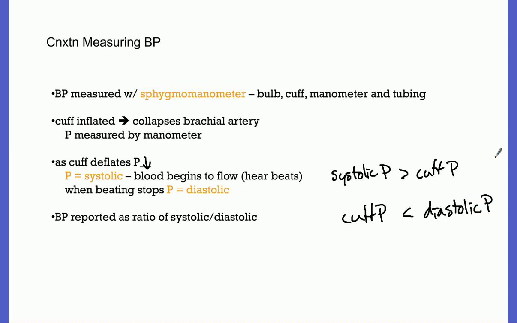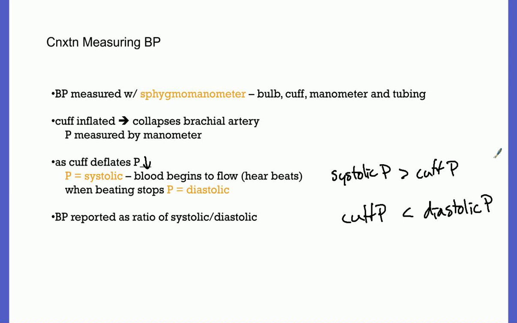So the pressure when the heart is not contracting is bigger than the cuff pressure. At that point, because the blood doesn't have to force its way through the cuff, you stop hearing heartbeats. So there's this little Goldilocks range where you can actually hear the heart beating when you put that stethoscope on the brachial artery in your elbow. And you're just trying to figure out those two points.